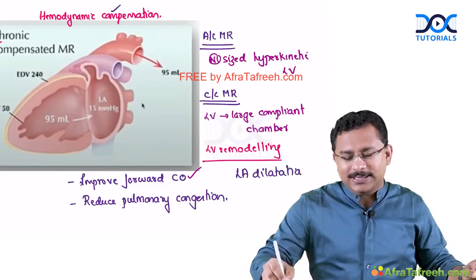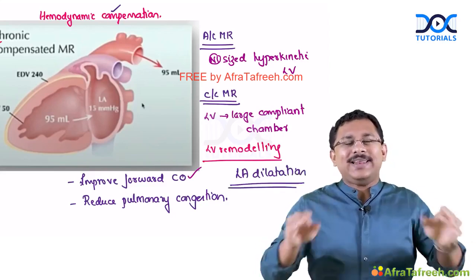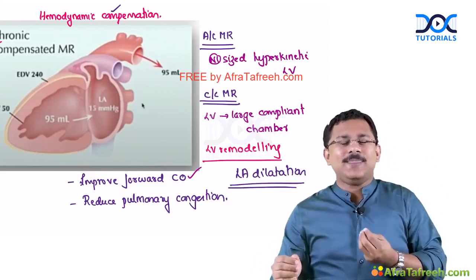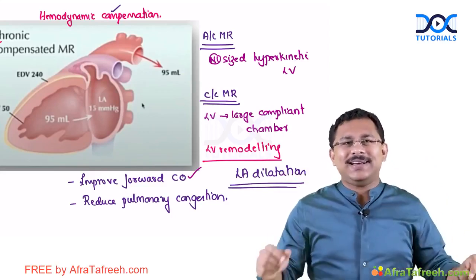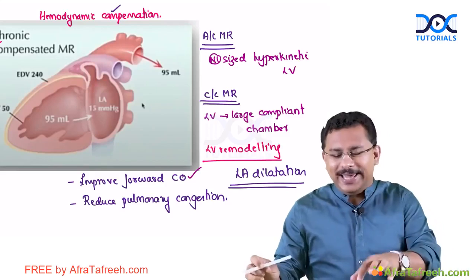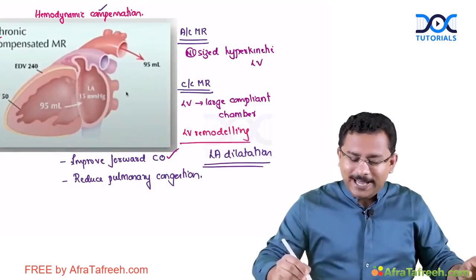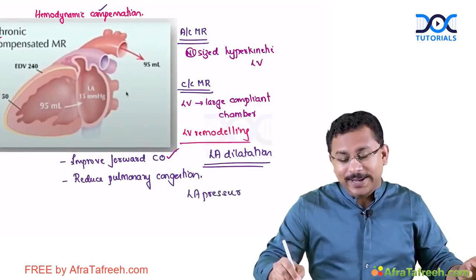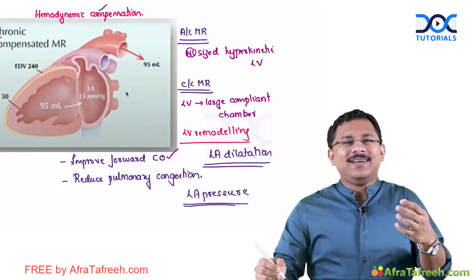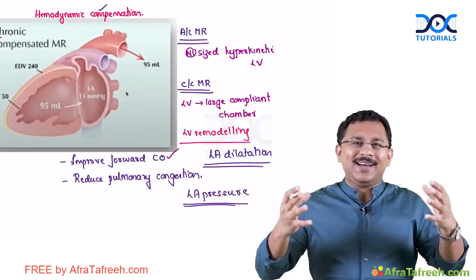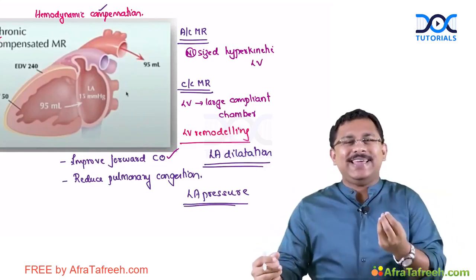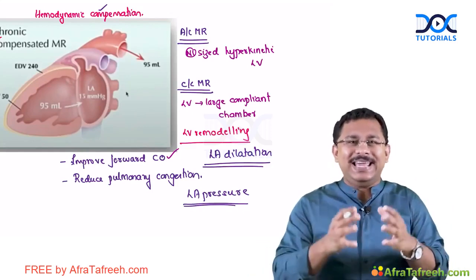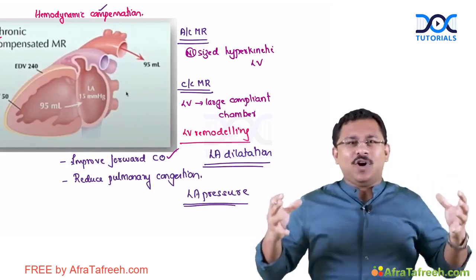Okay, there occurs an LA dilatation. So when the LA dilates, the LA compliance is increasing, and tell me, when such compliance increases, what will happen to the LA pressure? Well, the LA pressure, which otherwise would have been very high, via the enlargement somehow reduces, despite the larger volume of blood in the LA, because it is trying to compensate.